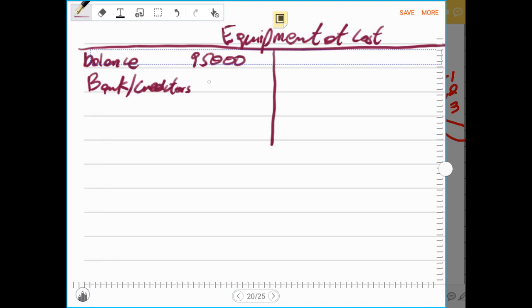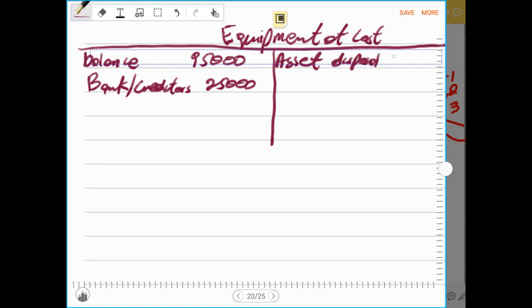Therefore it will be an amount of 25,000. This is the new equipment that was bought during the year. So you start with an opening balance and you record whatever happened during the year. Then you record the disposal, if there was any disposal during the year, and I think there was a disposal of equipment, then we record that as asset disposal.